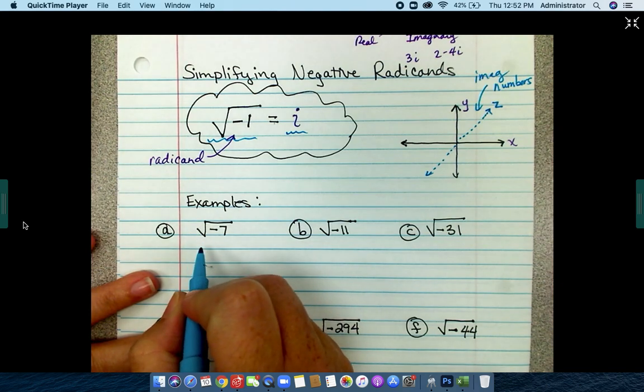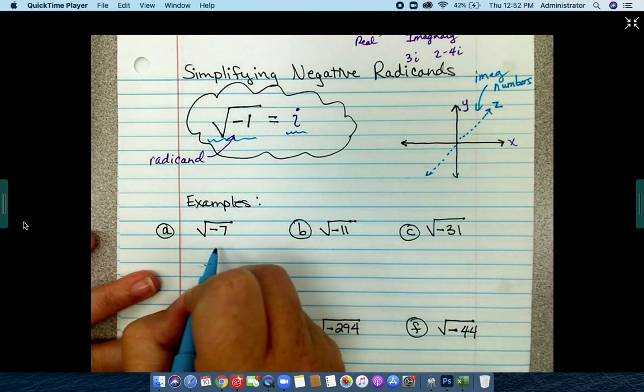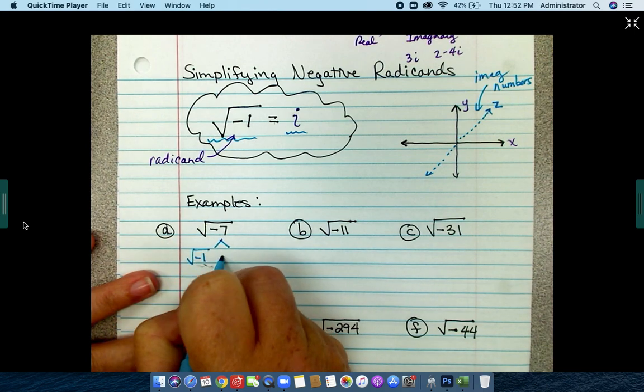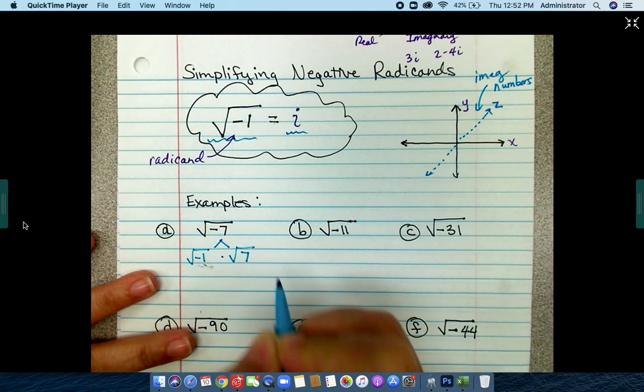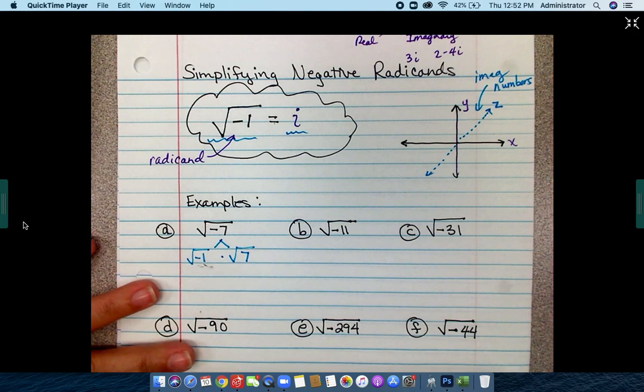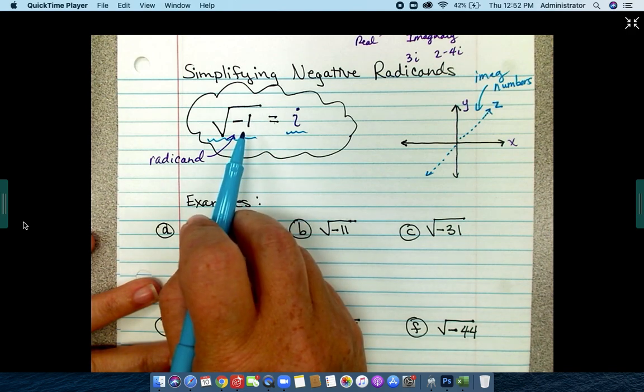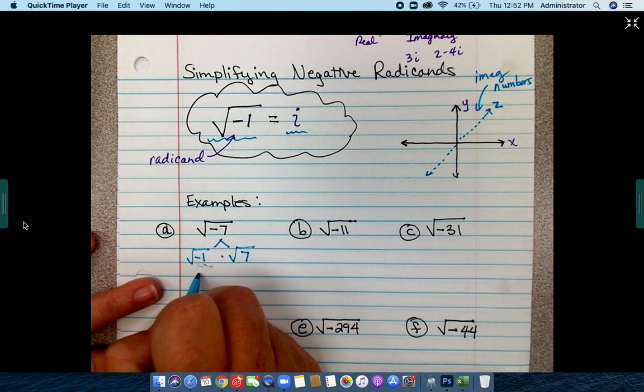When we look at the square root of -7, we have to recognize that this can be broken down into -1 and 7. So the square root of -1 times the square root of 7. Well, we know from this rule up here that i is equal to the square root of -1, so we can substitute i in its place.